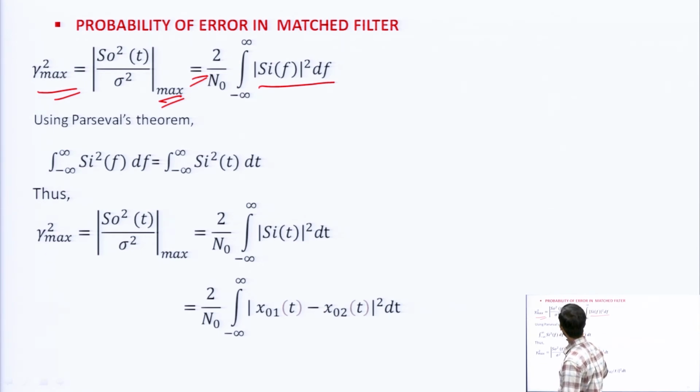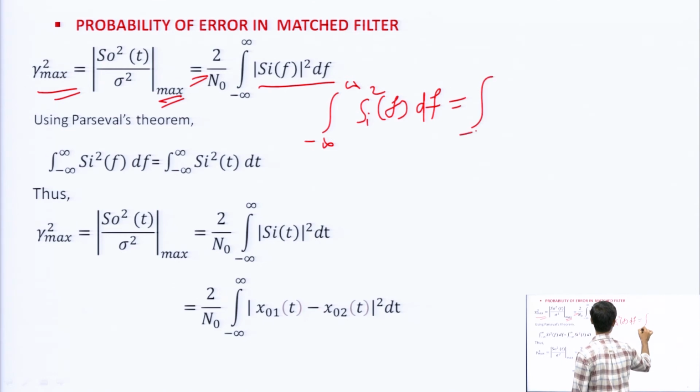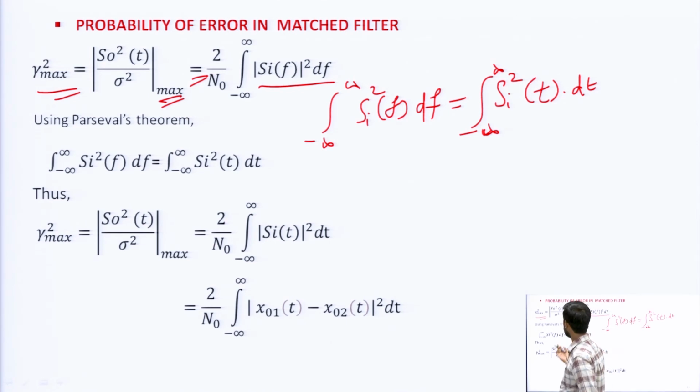Using Parseval's theorem, we know that the integration from minus infinity to infinity of psi of f whole square df equals the integration from minus infinity to infinity of psi of t whole square dt: energy in the time domain equals energy in the frequency domain.